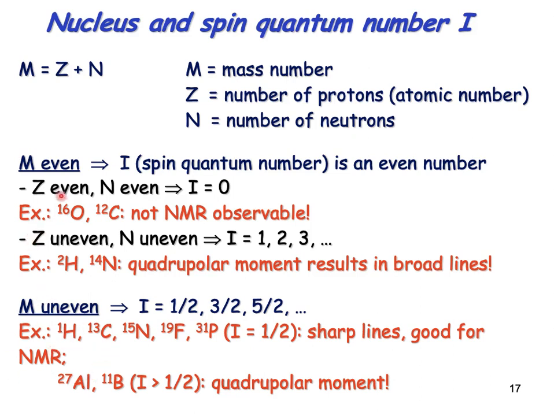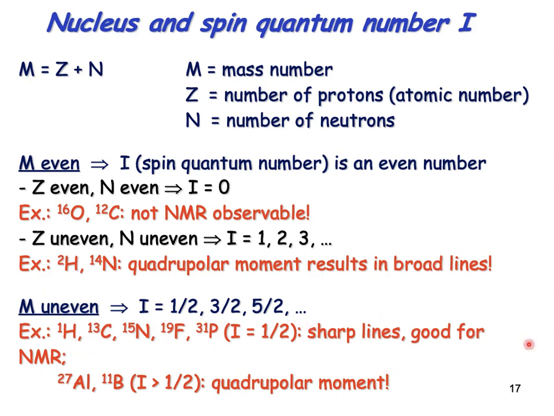Just remember that if M is even, I will be 0. In the case of M even, if Z is even and N is even, then I is equal to 0. If Z is uneven and N is uneven, I will be 1, 2 or 3. If M is uneven, as in hydrogen, carbon 13, N15, the spin quantum number will be half.